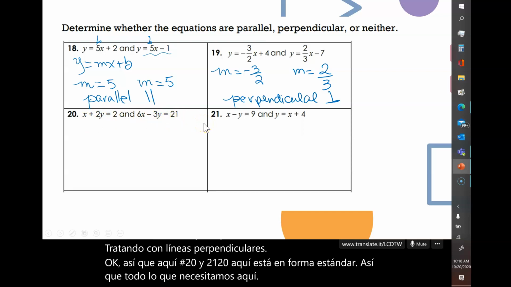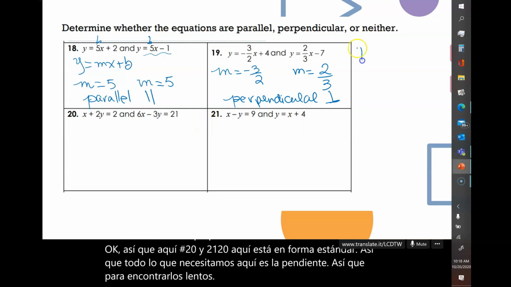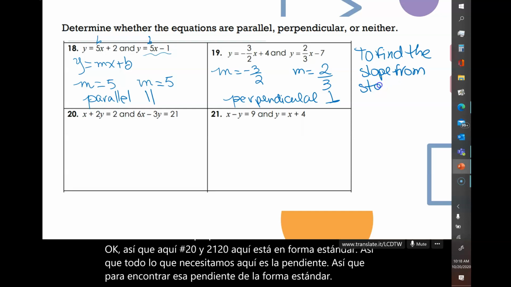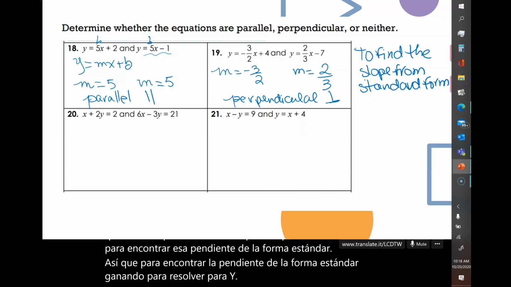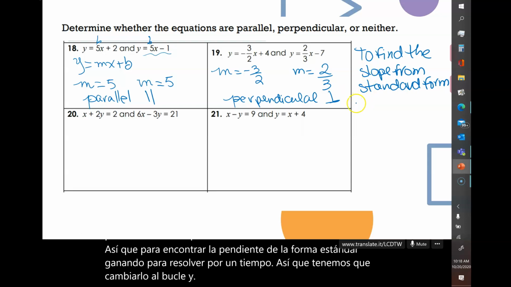So to find the slope from standard form, we need to solve for y. So we need to switch it to slope-intercept form. Rewrite it in slope-intercept.